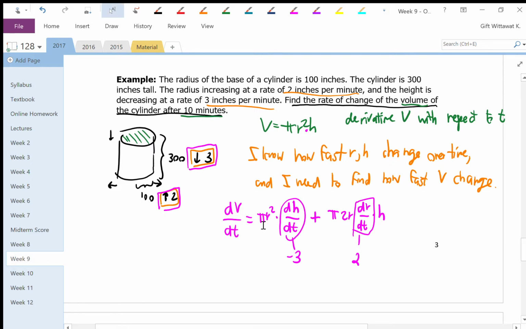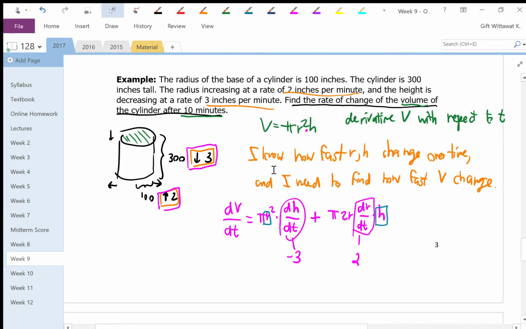So I could almost find this thing. I'm only left with finding the r and the h.